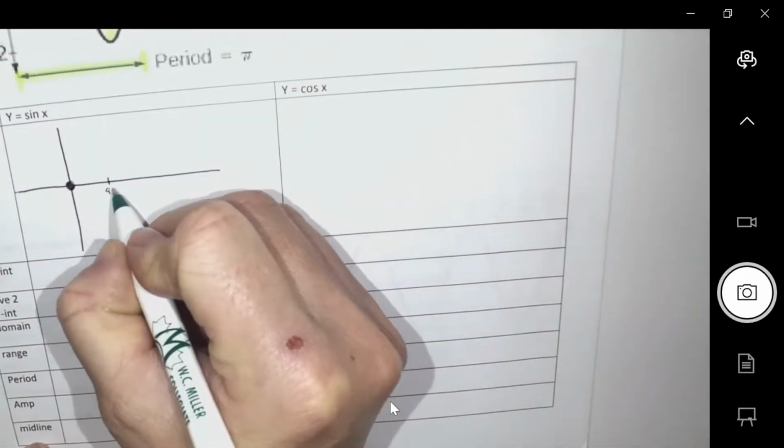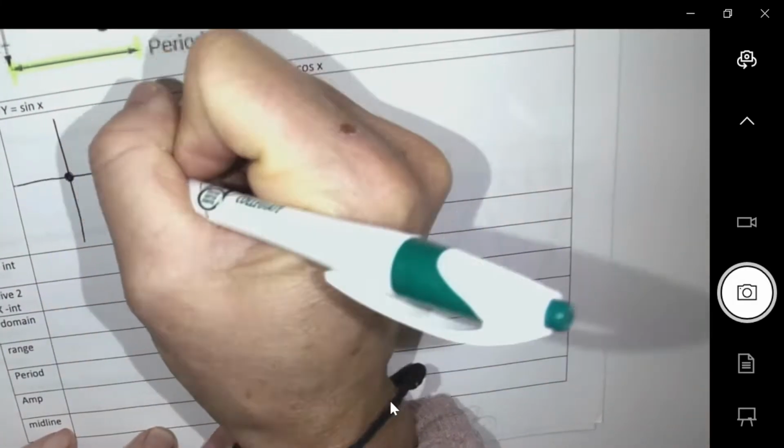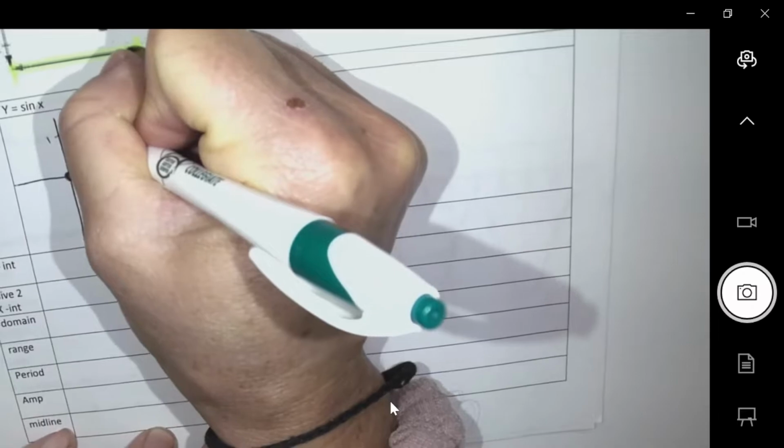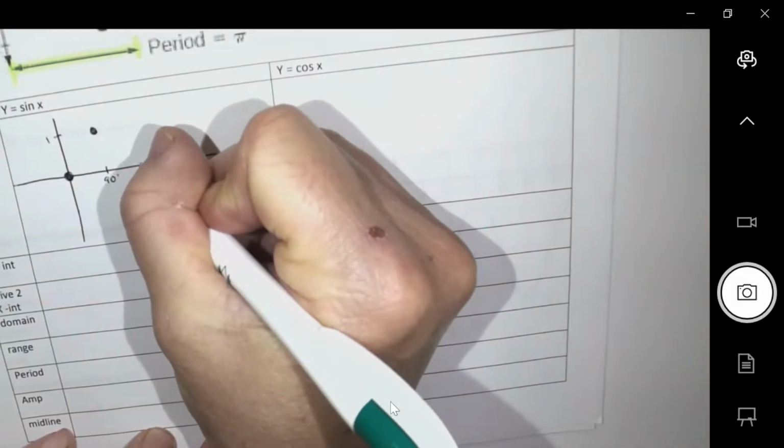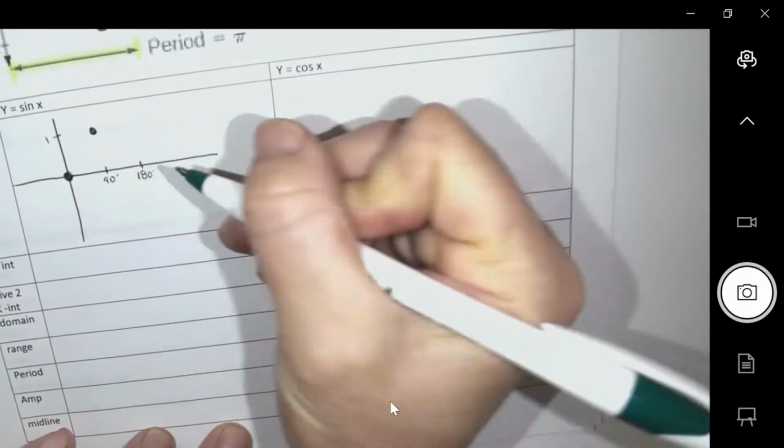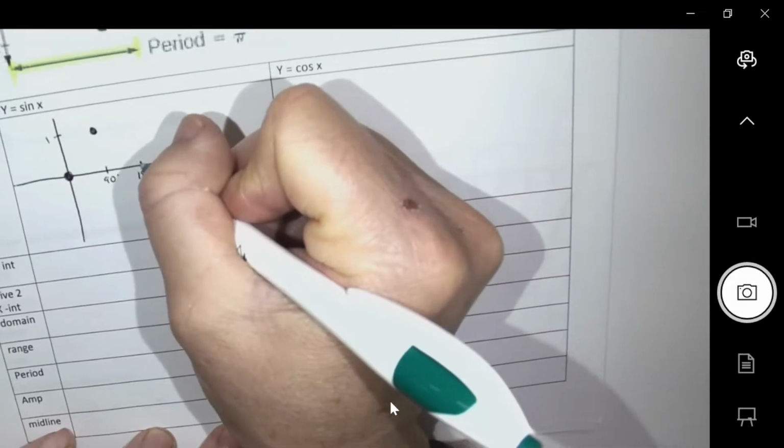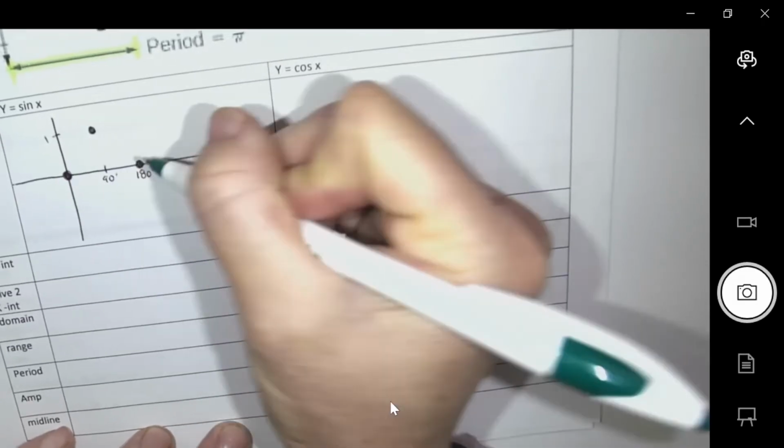If you move over 90 degrees, can you put a point at the height of 1? If you move over 180 degrees, can you put a point on the midline?